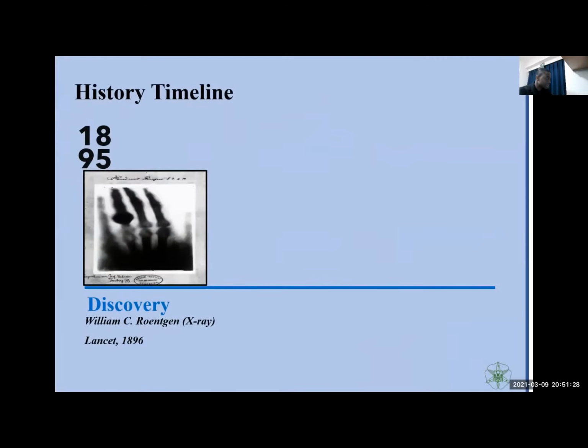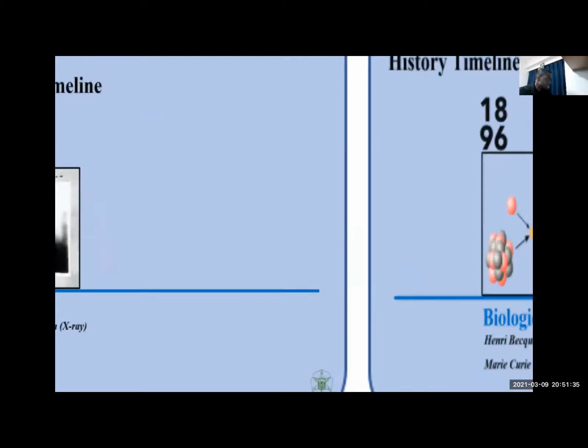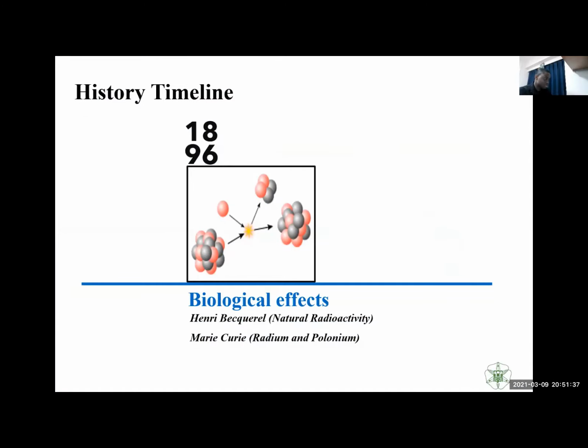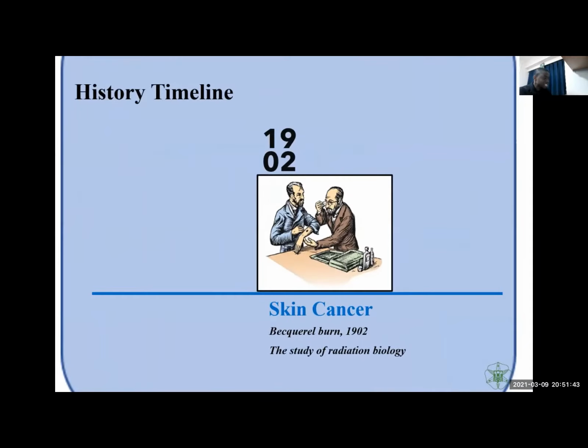So in 1895, William Conrad Roentgen made a significant discovery by discovering X-ray, which you probably know already. And of course, in 1896, Becquerel and Marie Curie discovered the phenomenon called radioactivity. But in 1902, a tragedy happened. What happened?